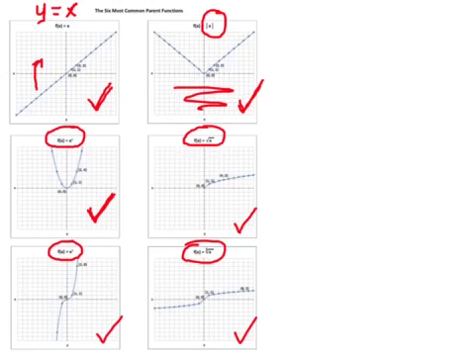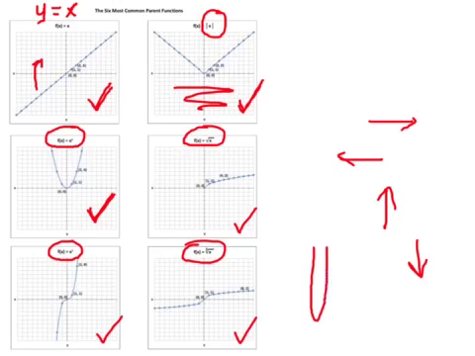So we've got these 6 functions, and they could be shifted to the right, shifted to the left, they could be shifted up, they could be shifted down, they could be stretched vertically or compressed vertically, or they could be stretched horizontally or compressed horizontally.